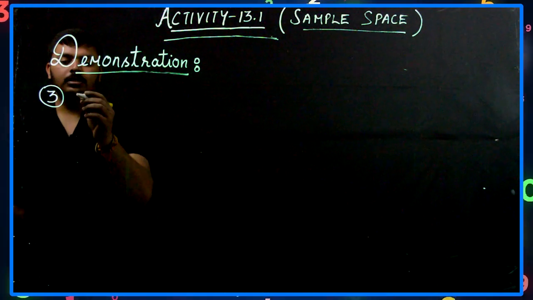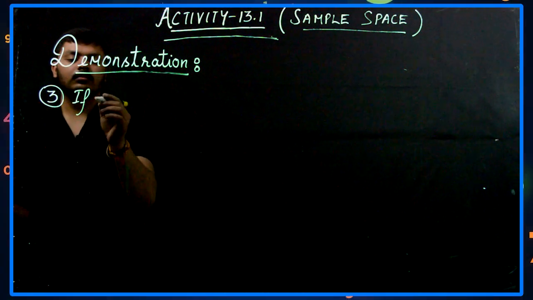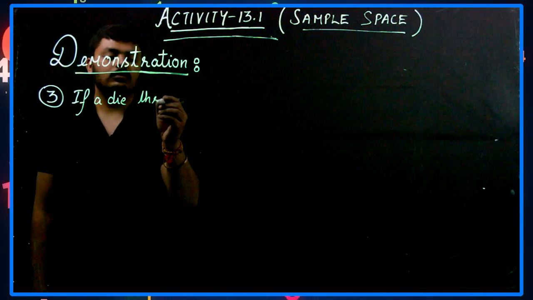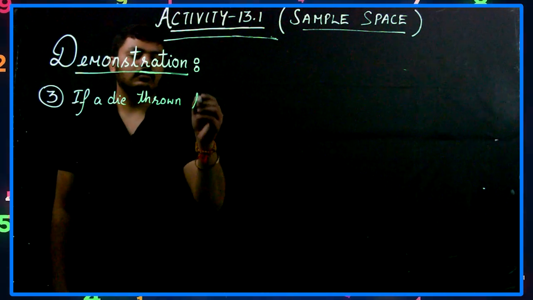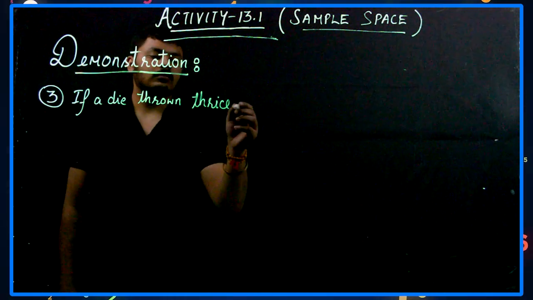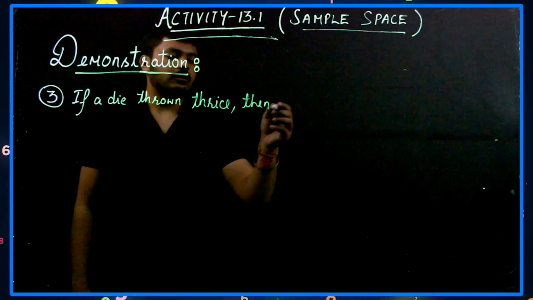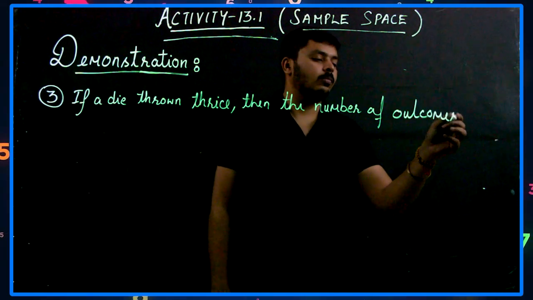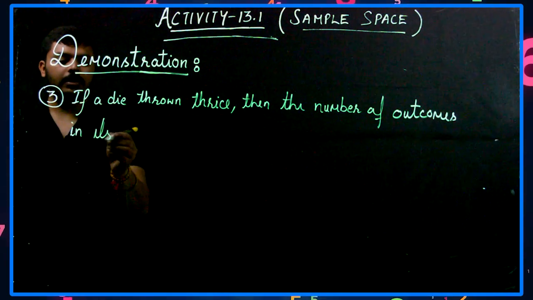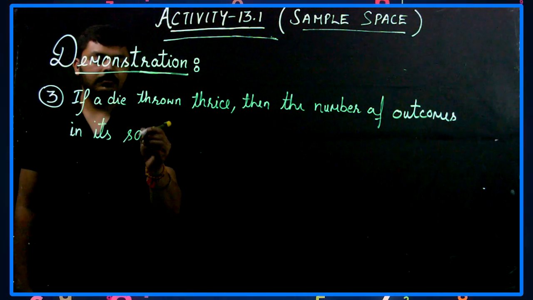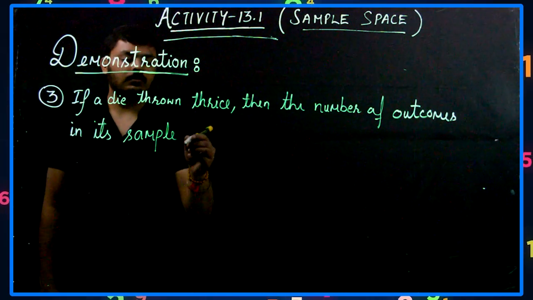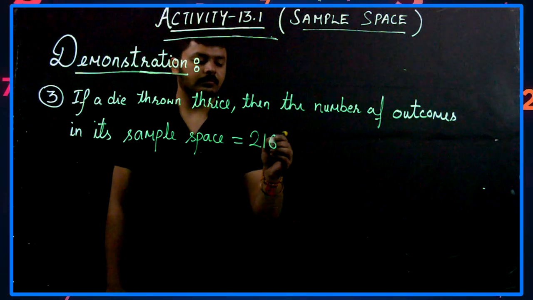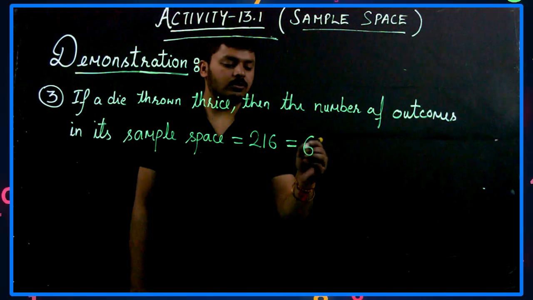So the third step is, if a die is thrown thrice, then the number of outcomes in its sample space is equal to 216, which is equal to 6 to the power 3.